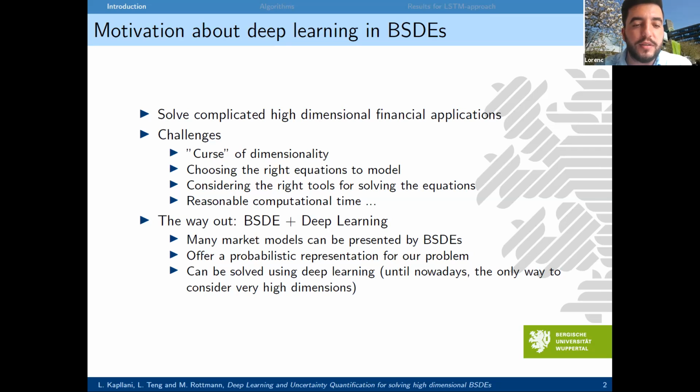Moreover, these equations present a probabilistic representation of the problem, and this offers the possibility to formulate them as deep learning problems. And until nowadays, this is one of the only ways to handle these very high dimensions, say 100 and more.